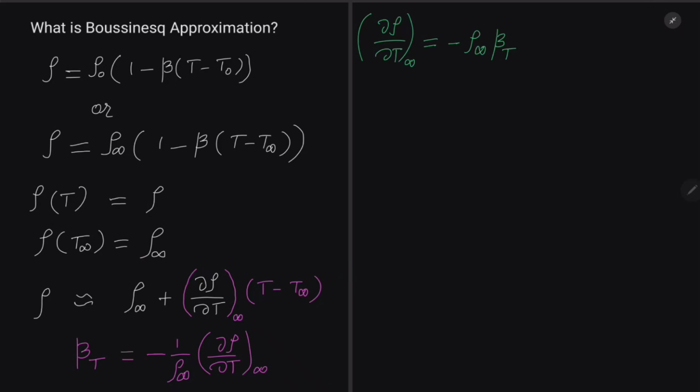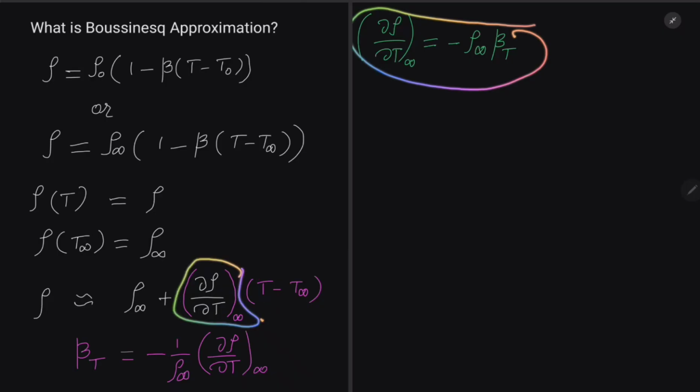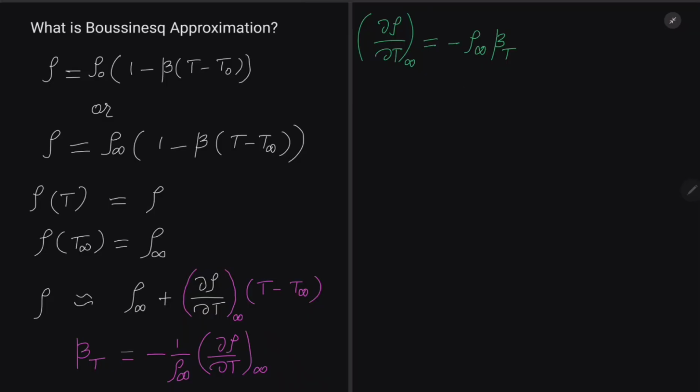Okay, so we put that value into the first order Taylor series over here. So what do we get? We get rho is equal to rho infinity minus rho infinity beta T, T minus T infinity. Although this is an approximation, we can also write it with an equals sign on the right hand side.